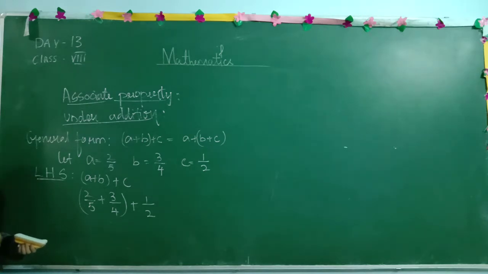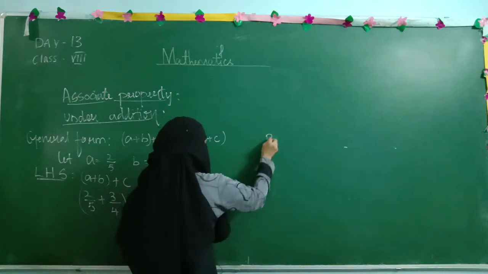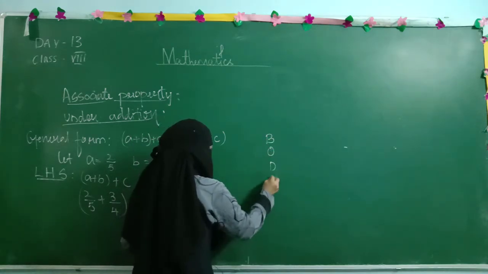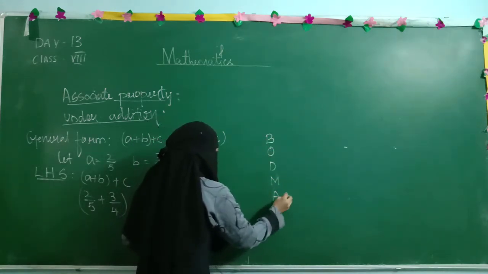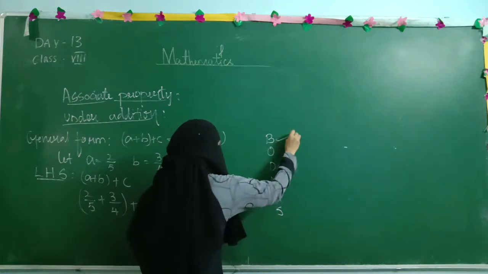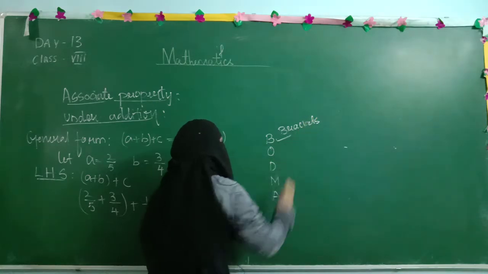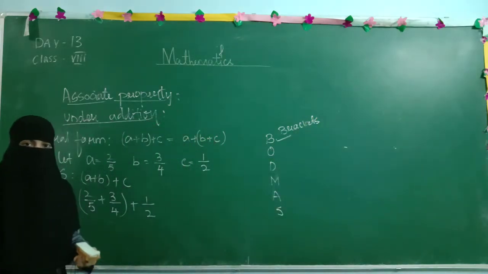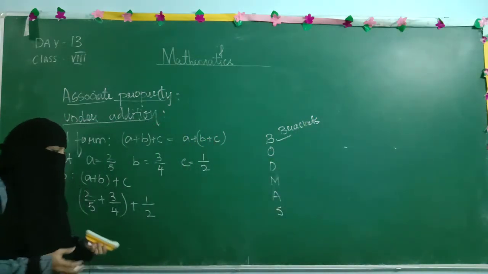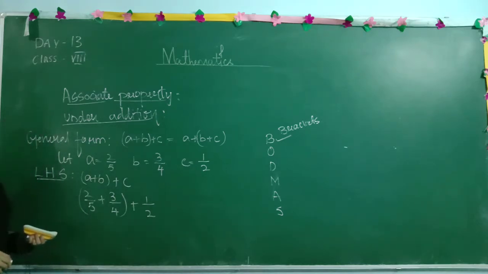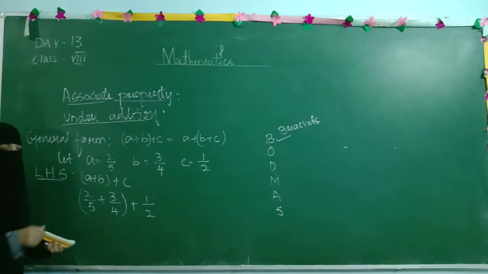Whenever we have more than 2 or 3 numbers, we get confused about which numbers to add. So here we have the BODMAS rule. It means brackets first: we need to give priority to the bracket terms. Whatever terms are present within the bracket, we need to solve first. Then whatever terms are left out, we perform them.